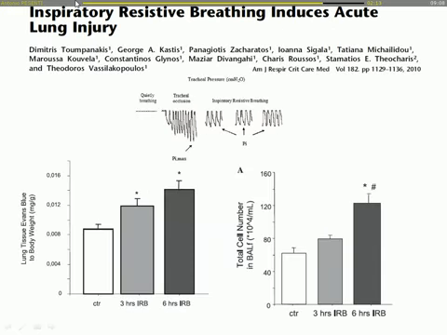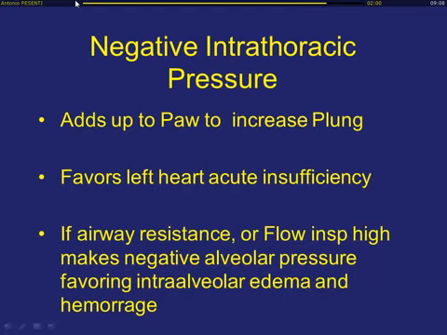And indeed, we know that inspiratory resistance may cause, as shown in 1977, acute lung injury and acute lung edema. So negative intrathoracic pressure, first of all, we tend to forget that high tidal volume is as dangerous in spontaneous breathing as in controlled breathing.